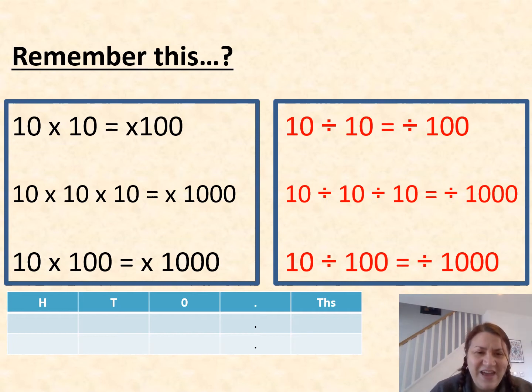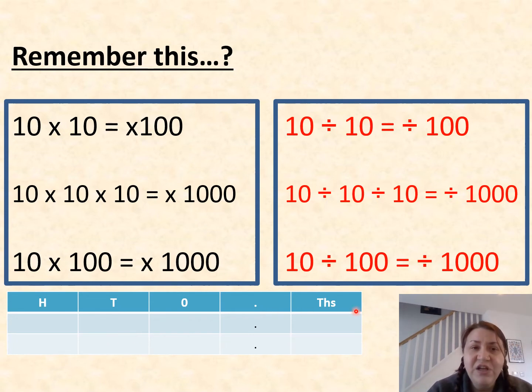So what I was saying there was it was 3.2, and if I times that by 10, and then 10, and then 10 again, our 3 would go from here to here to here, and then into our thousands column here. So it would end up being 3,200.